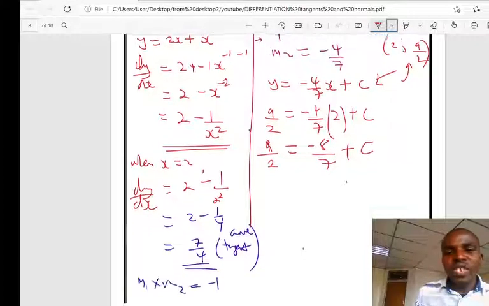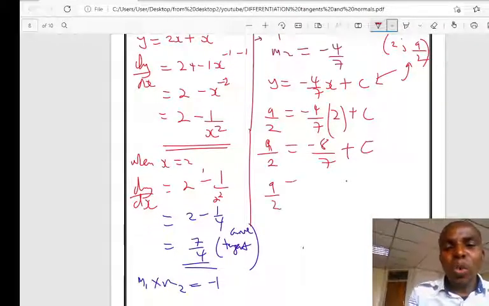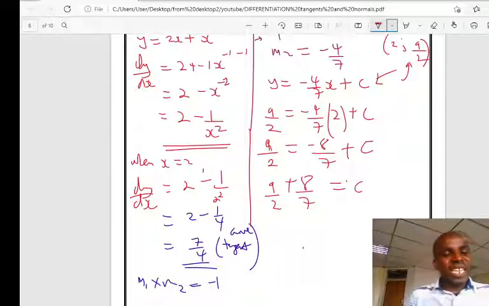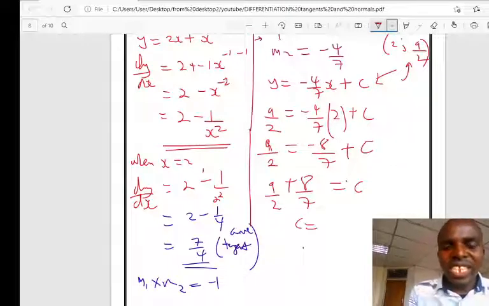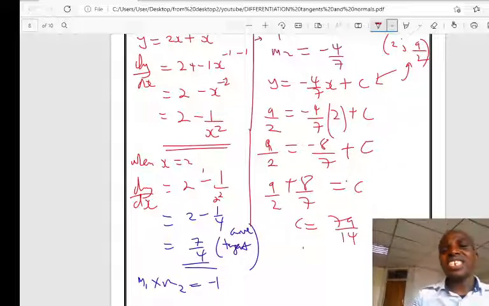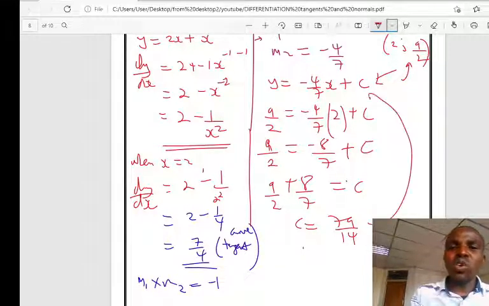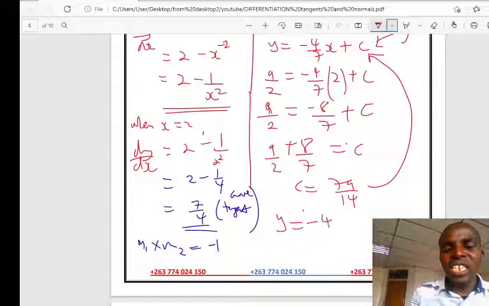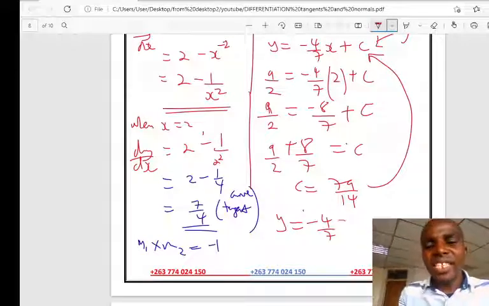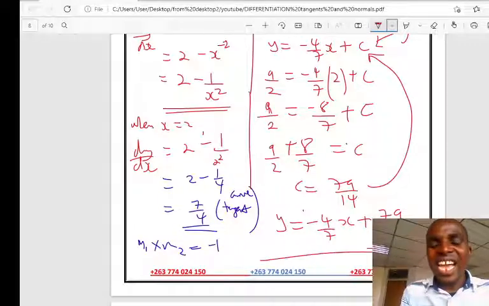So 9 over 2 plus 8 over 7 is equal to c, which gives 79 over 14. Then you replace your c there. It will be y equals minus 4 over 7 x plus 79 over 14.